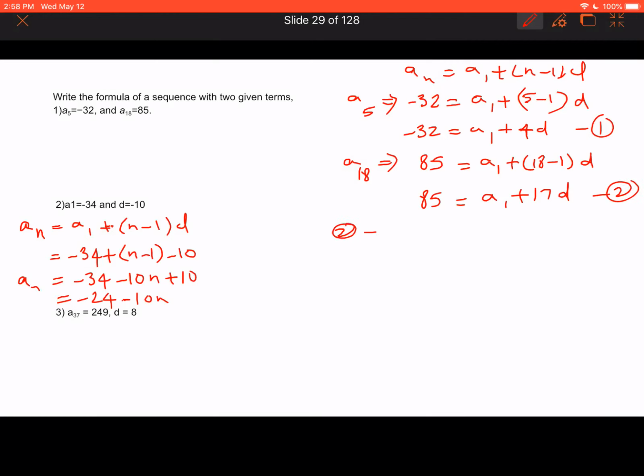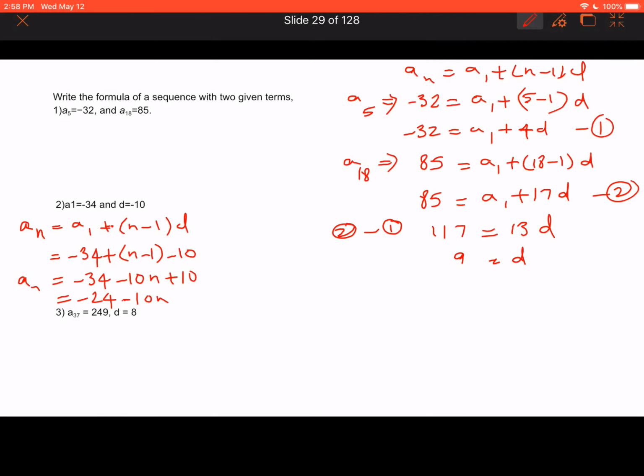What I'm going to do is I'm going to subtract the second equation from the first equation, which will be like 117 is equal to, a1 will get cancelled, and it will be 13d. So we are able to find the value of d equals 9.